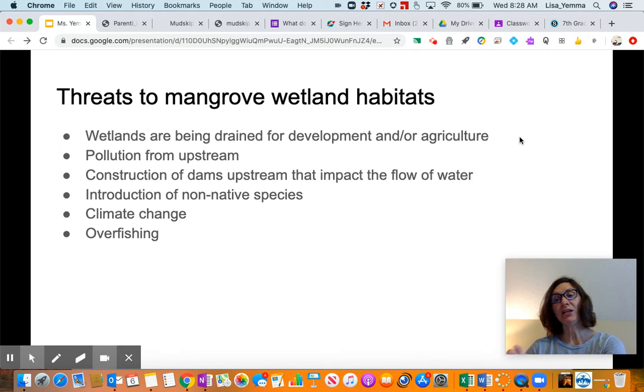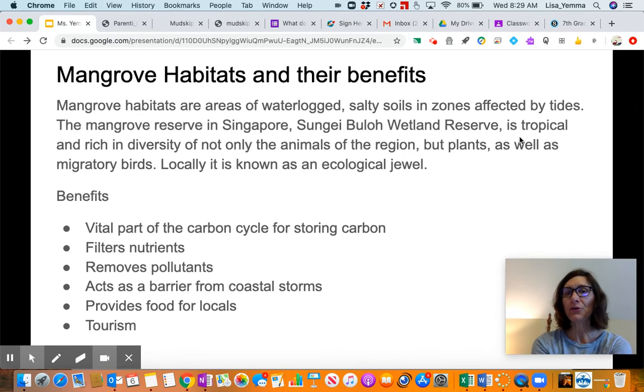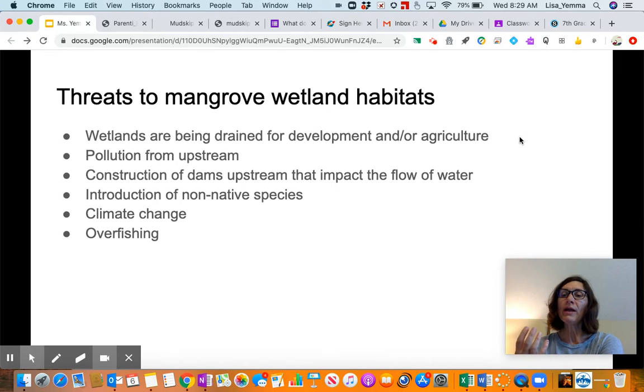But some of you are studying organisms that are actually at risk. Some of you are studying organisms that are the risk, like they are causing the habitat to decline. And so why do we care about these healthy habitats? Here are our reasons. We care about a healthy mangrove forest because of these benefits. Well, what is causing that mangrove forest to be unhealthy?